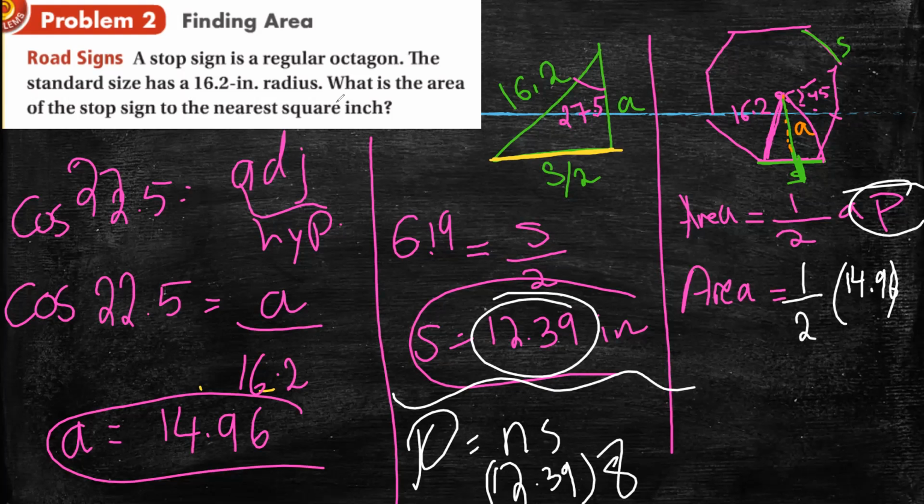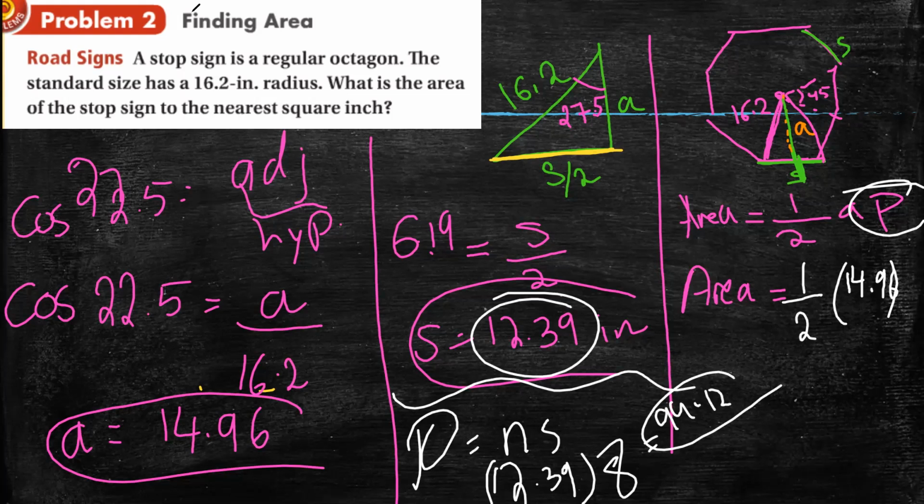They are 8. So 12.39 times 8 is 99.12. So this will be now the perimeter of the shape.